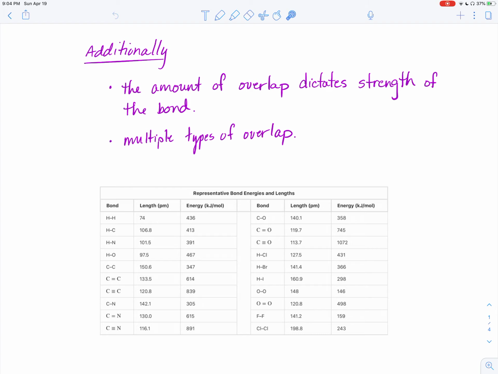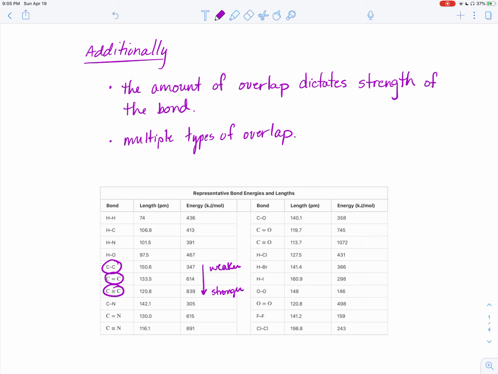So if you compare the three bonds of carbon-carbon single bond, carbon-carbon double bond, to carbon-carbon triple bond, you can tell that as you increase in the number of bonding pairs, the amount of energy also increases in those respective bonds. So therefore, this triple bond is stronger than the single bond between carbon and carbon.